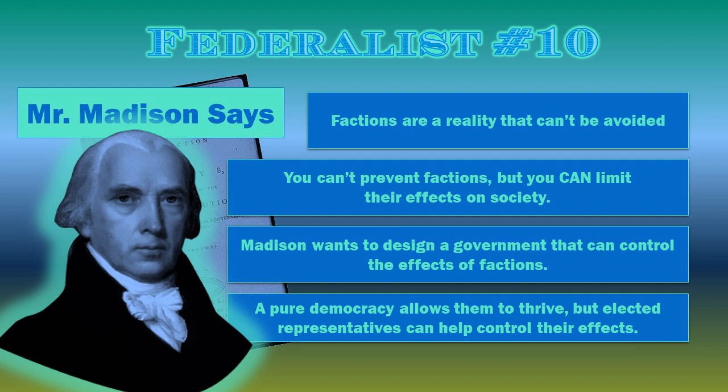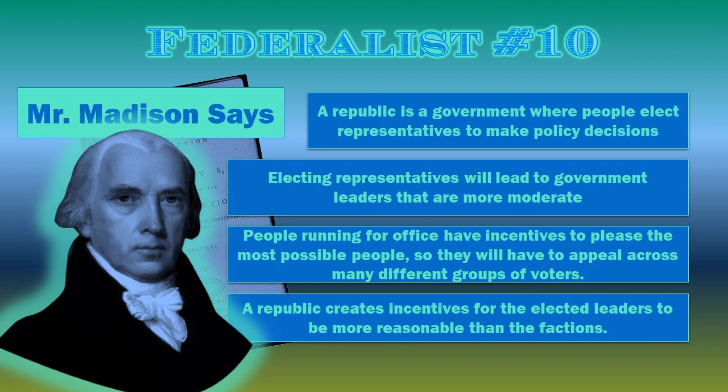So what Madison prefers instead is what we have, which is a representative democracy, or what we call a republic. So he wants us to elect leaders to make decisions for us. And the election of leaders is a really important feature of the government here. So if we elect representatives to make decisions for us, that government is going to be better suited to deal with the problem of faction.